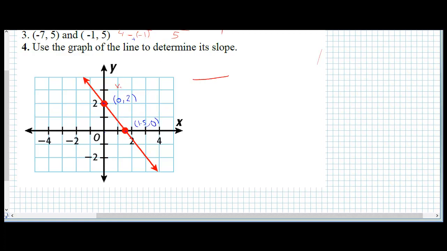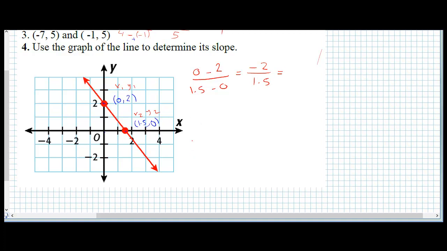Let's take these 2 points and solve from our formula. I will assume this is x1, y1 and this is x2, y2. So let's take y2, 0, minus y1, 2, over x2, 1.5, minus x1, 0. 0 minus 2 is negative 2, and 1.5 minus 0 is 1.5. So negative 2 divided by 1.5.